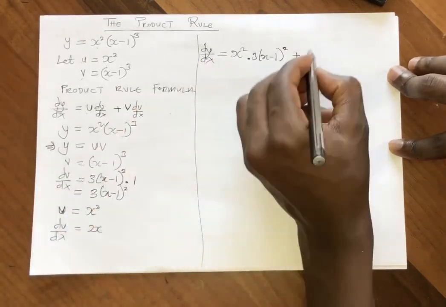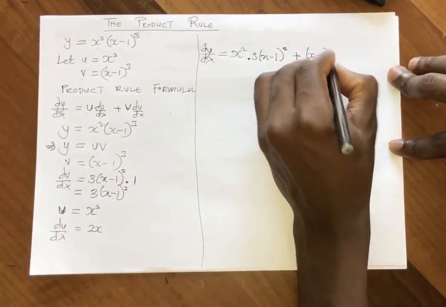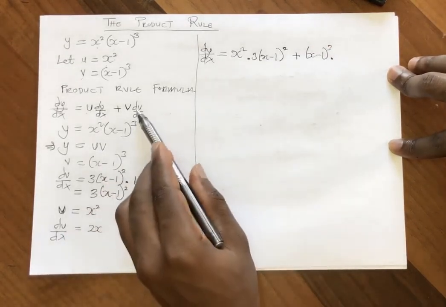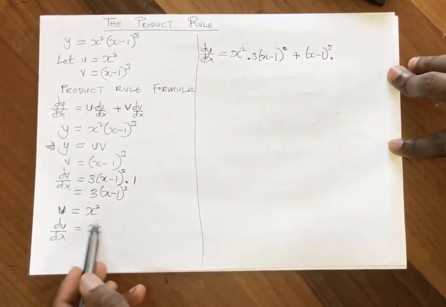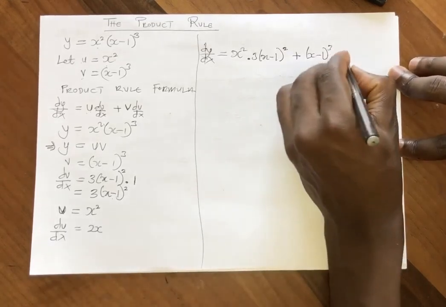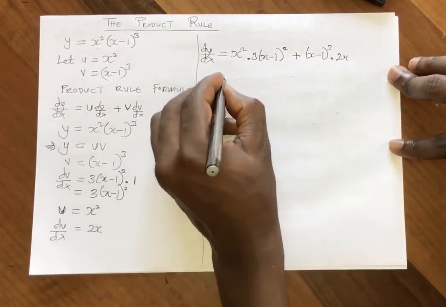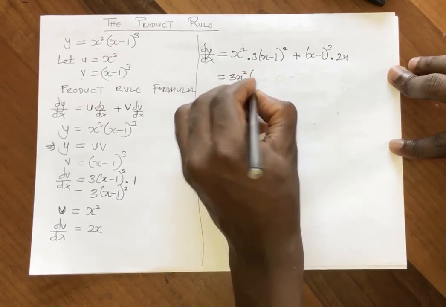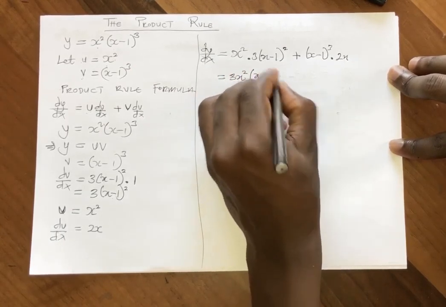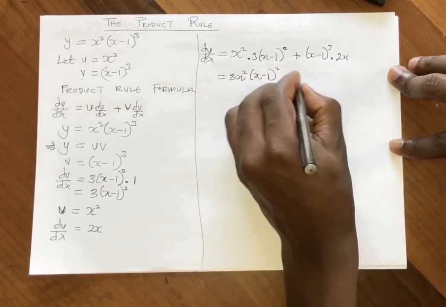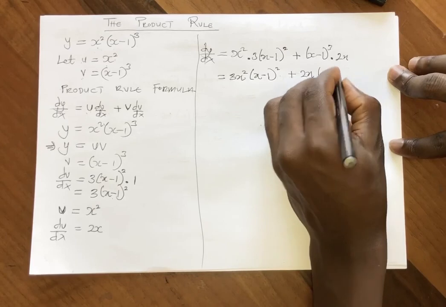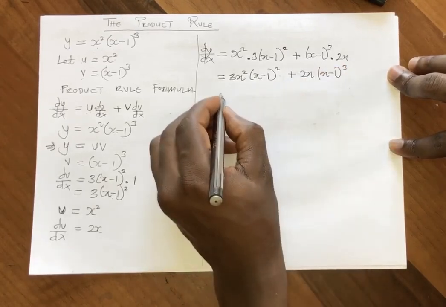What is v? v is x minus 1 raised to the power 3 times du/dx. What is du/dx? That is 2x. Then we clean up, so we get 3x squared into (x minus 1) all squared plus 2x into (x minus 1) cubed.